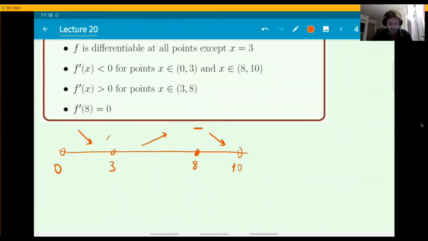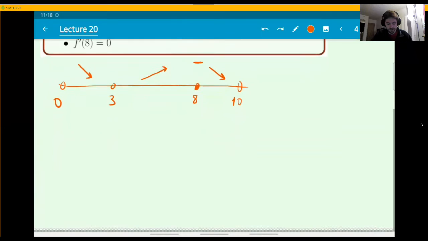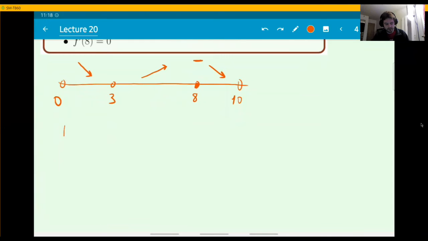So at the point 3, we can create a discontinuity, or probably easier to do a cusp, a sharp corner. So that's the scheme of what the function does. Just by looking at it, you can come up with many possibilities. The function does not have a value at 0. 0 is not included in the domain.